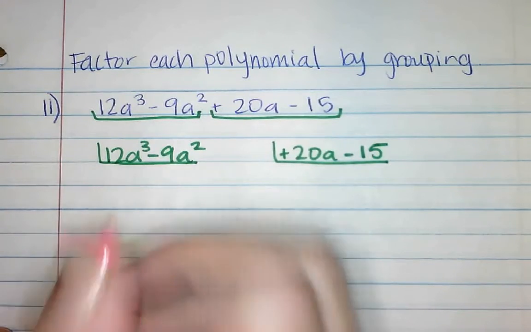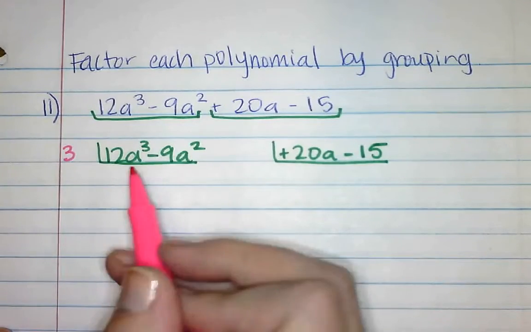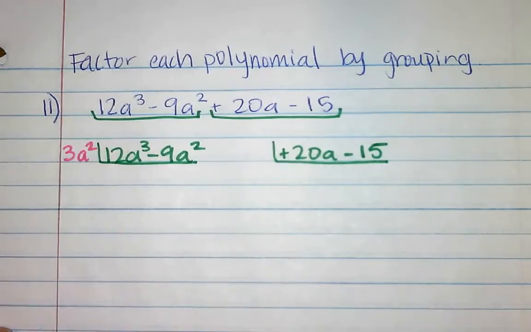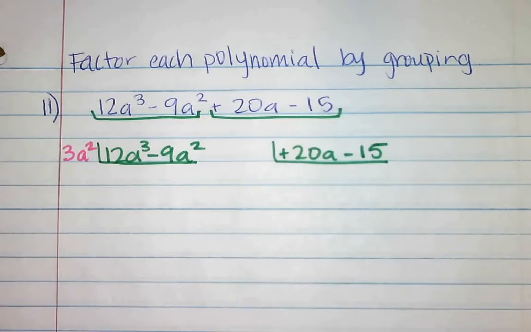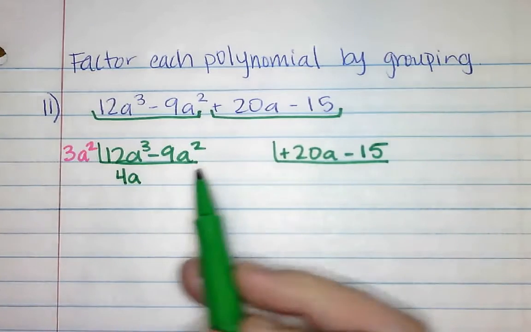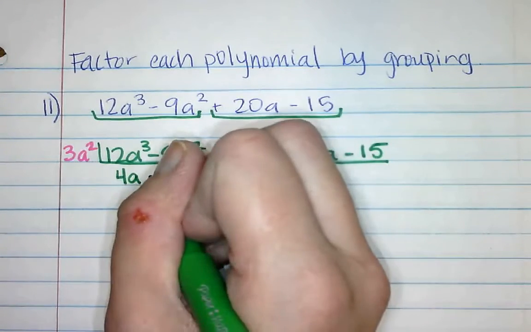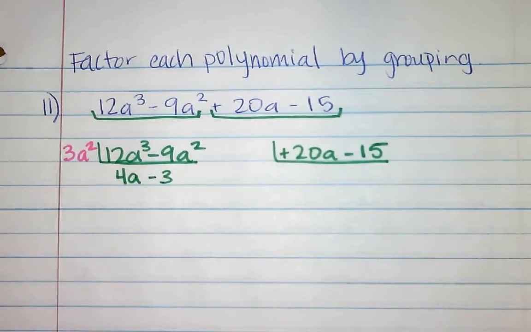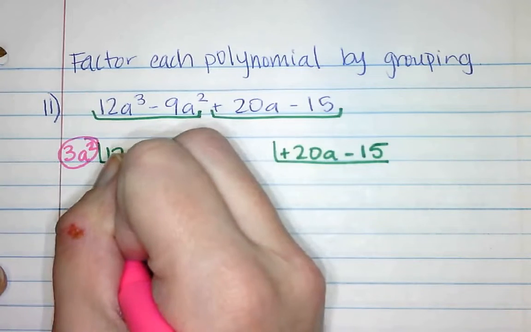Excellent job. 12a cubed divided by 3a squared gives us 4a, and negative 9a squared divided by 3a squared gives us negative 3. So if we rewrite this, it would look like 3a squared times 4a minus 3.